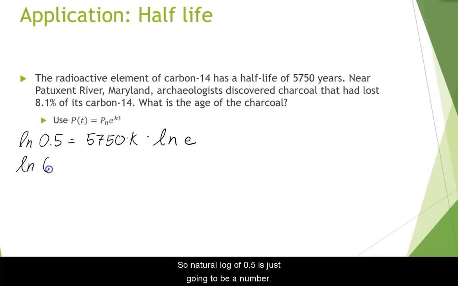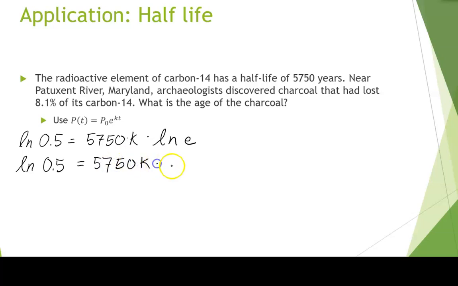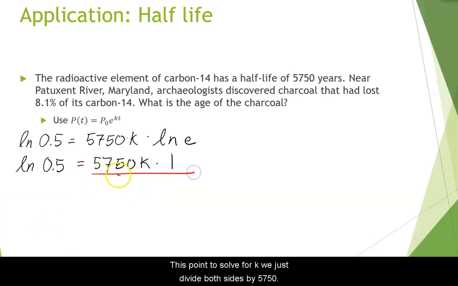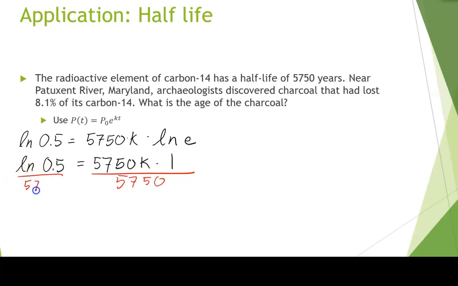So the natural log of 0.5 is just going to be a number, and this is equal to 5,750k times 1, because the natural log of e is just 1. At this point, to solve for k, we just divide both sides by 5,750.